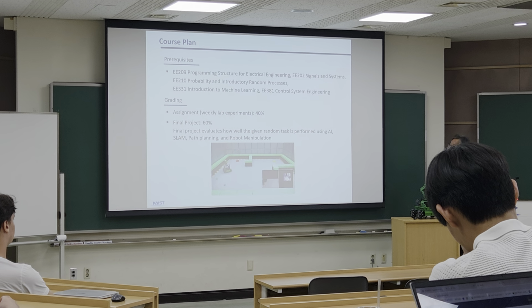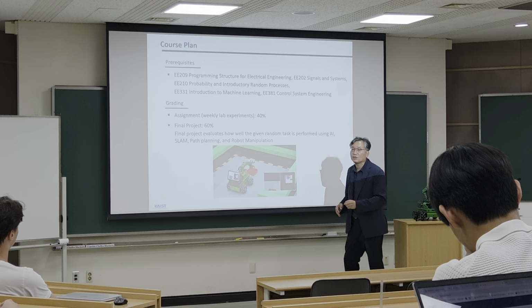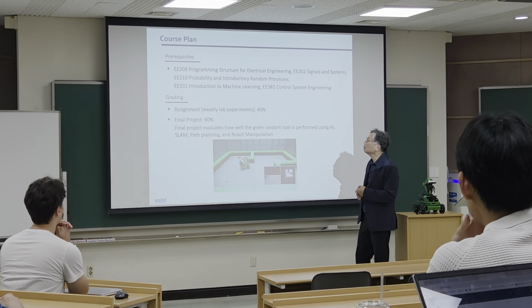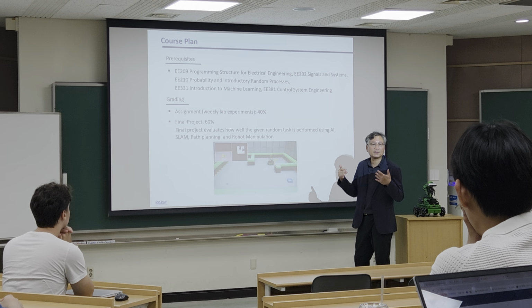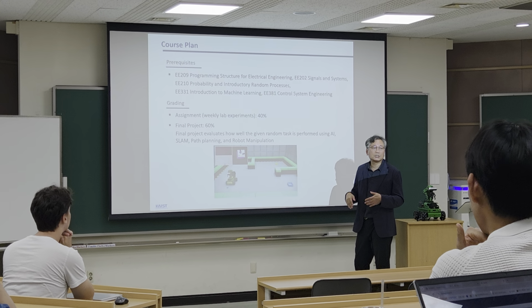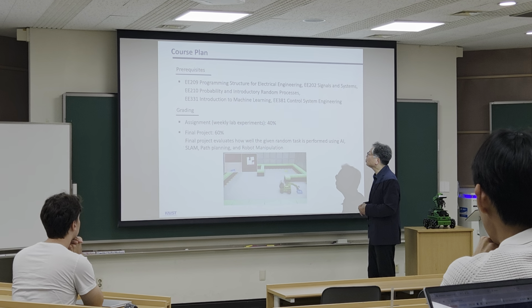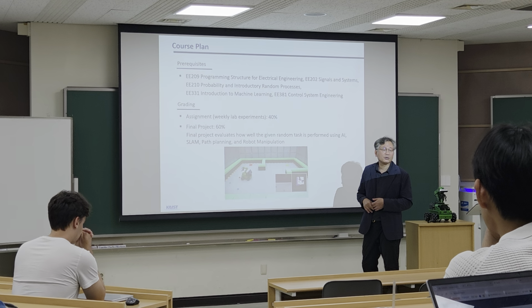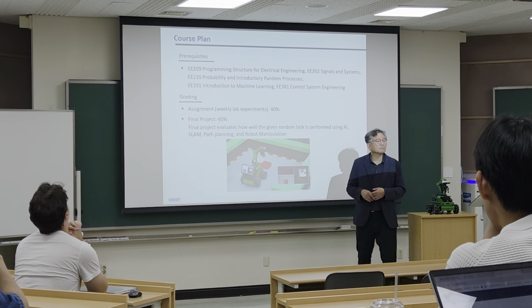I should just say that there are prerequisites for this course. We are expecting that you know how to program. You know a little bit of probability to understand various computer vision and planning techniques that we will show you. We are sort of expecting that you had a little bit of AI.